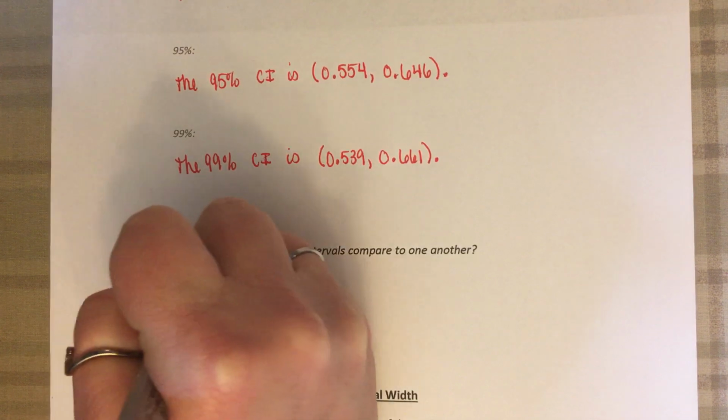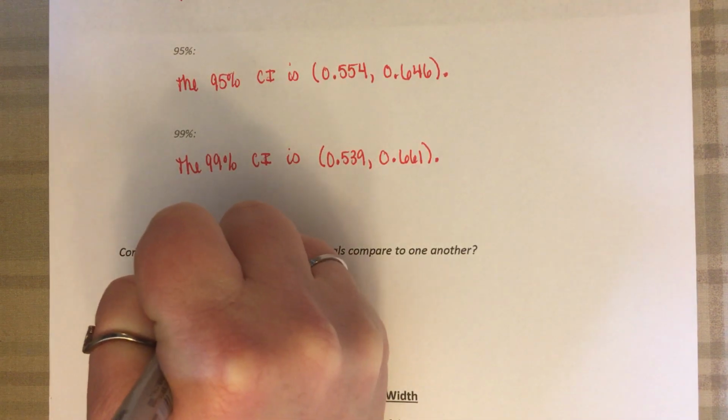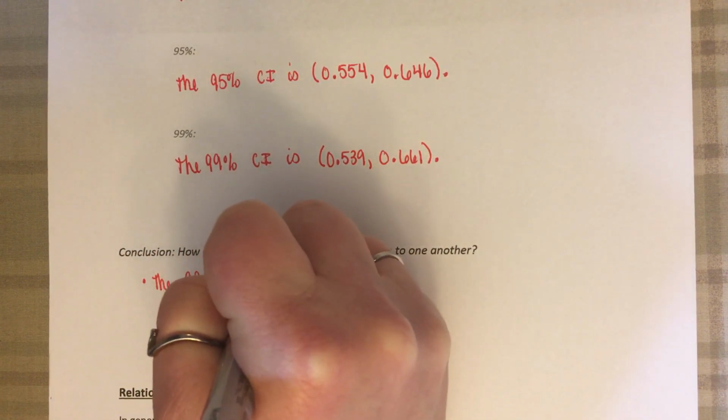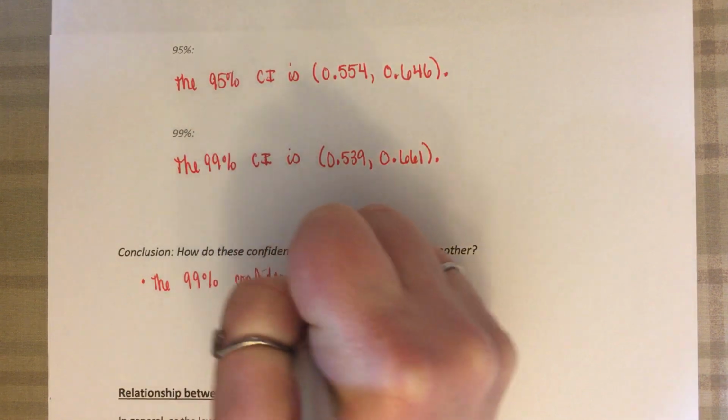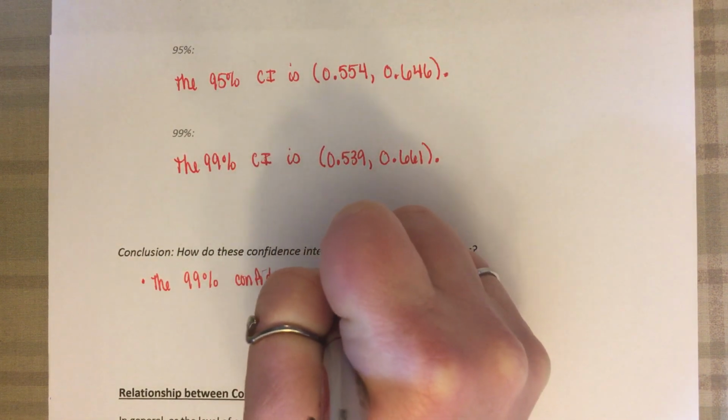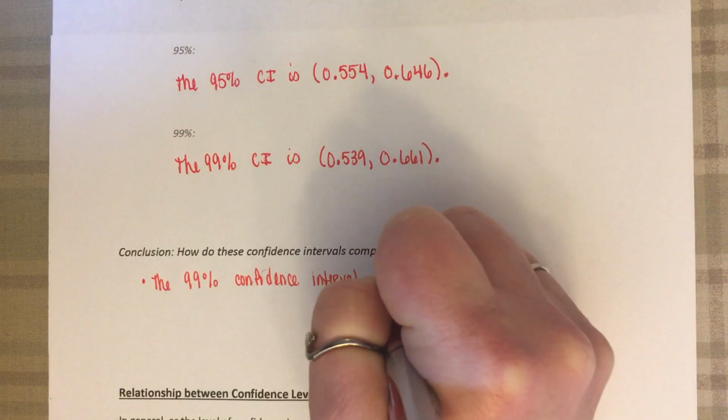So we're going to say the 99% confidence interval is the largest.